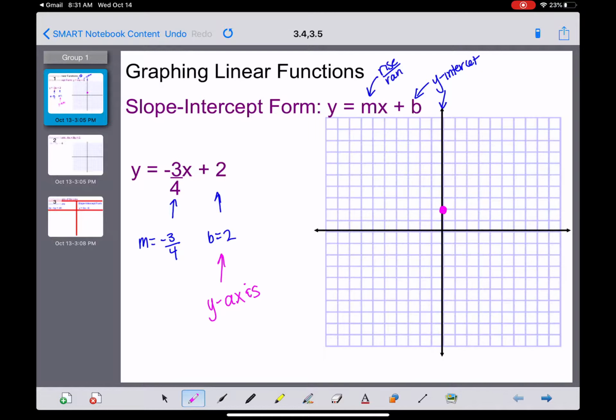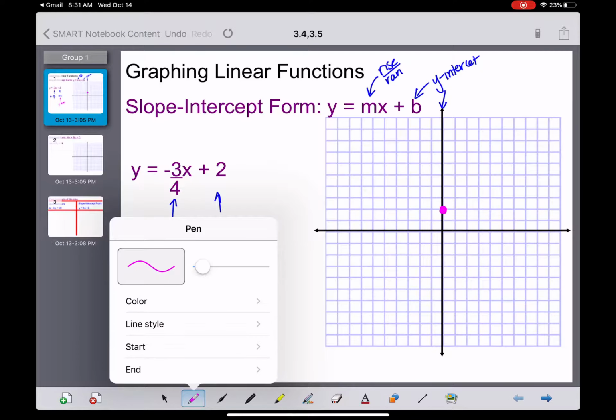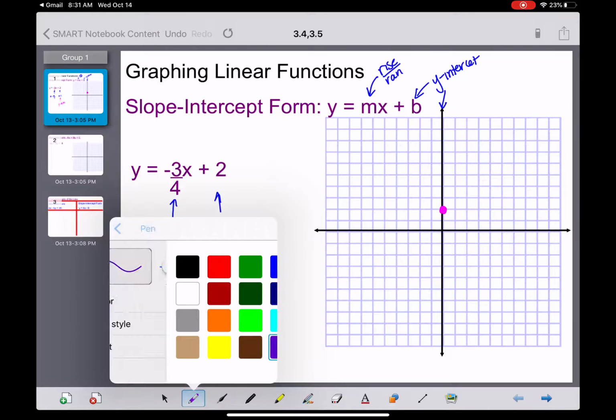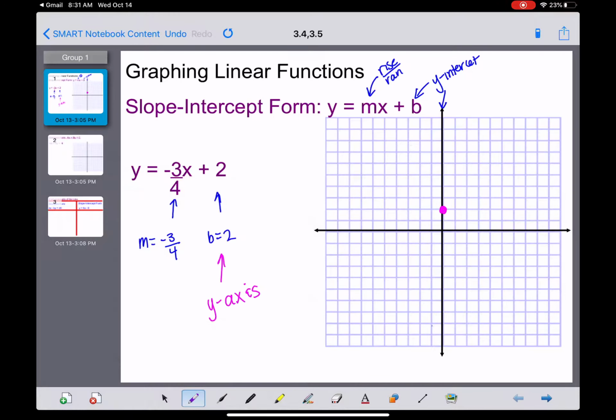So from there, I'm going to use my slope next, and that's going to be my movement. My slope is a negative value, so I'm going to go down 3 units and over to the right 4. So I'm going to go down 1, 2, 3, to the right 1, 2, 3, 4.